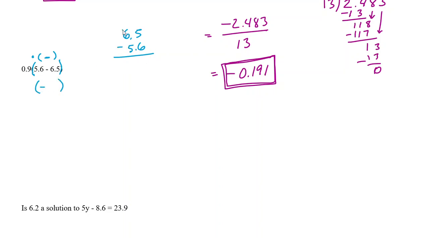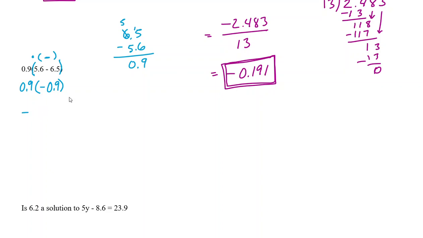So subtracting here, borrow from the 6, make it a 5. 15 minus 6 is 9, so there's a decimal point, 5 minus 5 is 0. So it's negative 0.9. And then I'll bring down the multiplication. 0.9 times negative 0.9, of course, is negative.